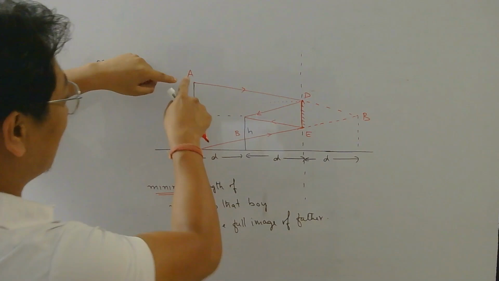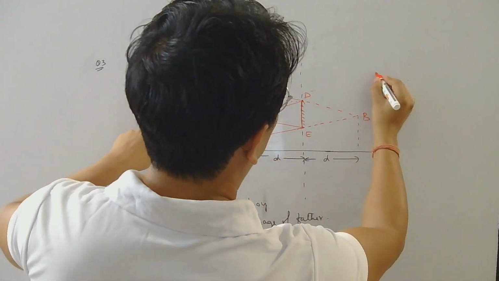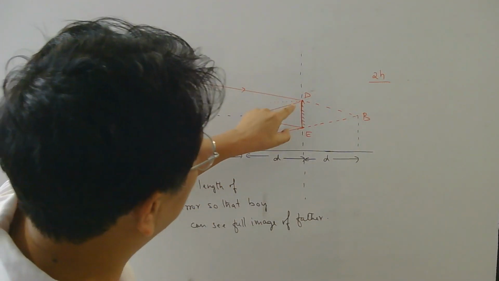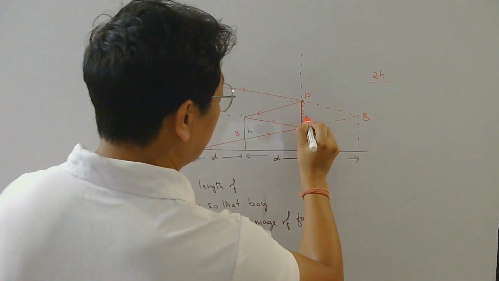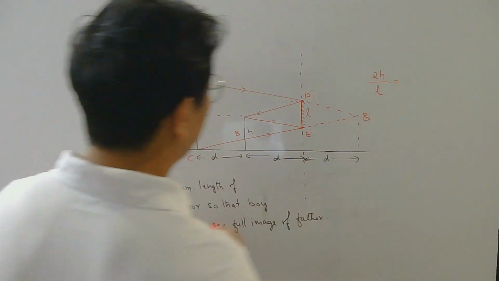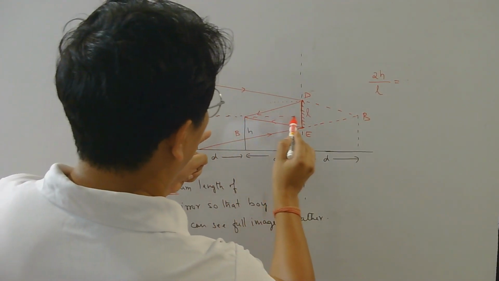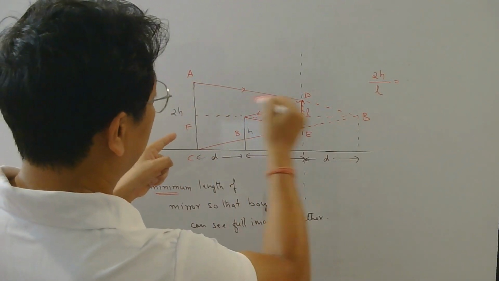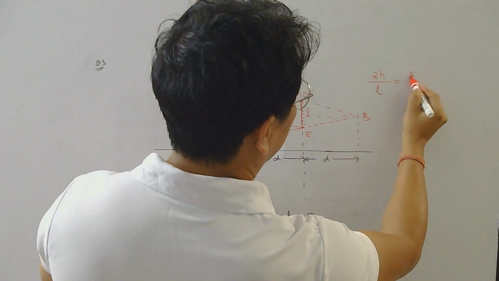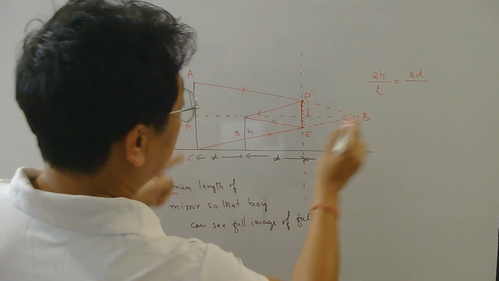So if you take the big triangle, this opposite side, which is 2h, divided by the opposite side of this triangle, which is the length of the mirror L that we have to calculate, should be equal to this adjacent side of the triangle, the height you can say, that is 3D, isn't it? Should be the ratio of this divided by this side.